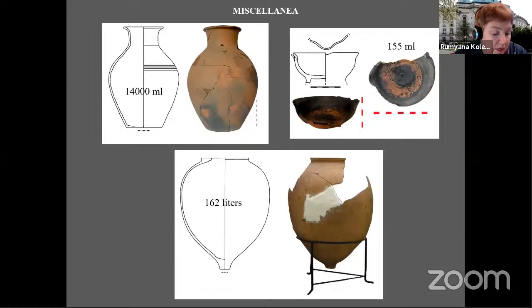Vessels represented by a single specimen were also found, distinguished by shape: a storage jar, a pithos, a lamp. The jar has a capacity of 14,000 milliliters, which corresponds to other storage containers in the shape of jar or amphora. The pithos has a capacity of 162 liters. A second one was found partially preserved without the mouth.